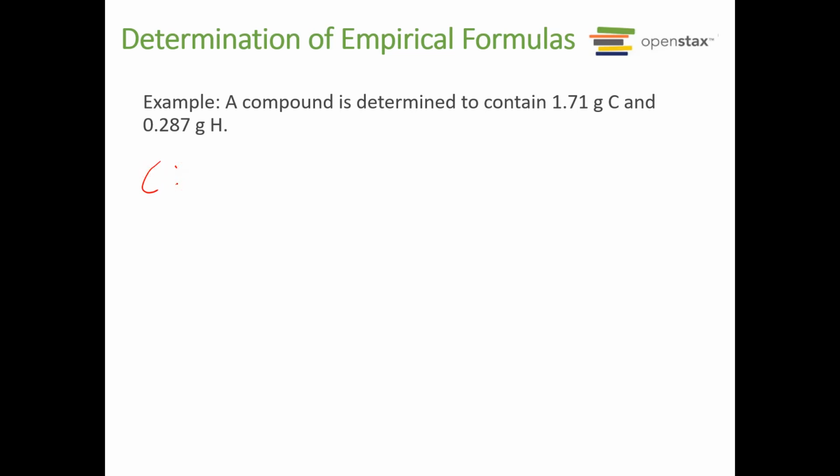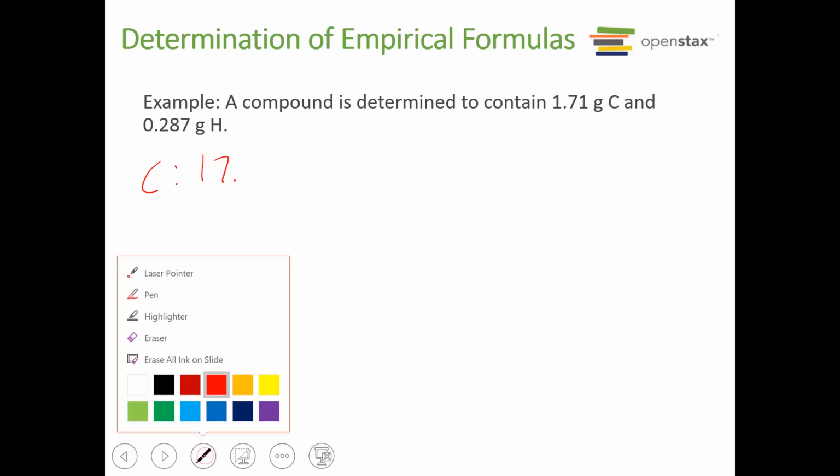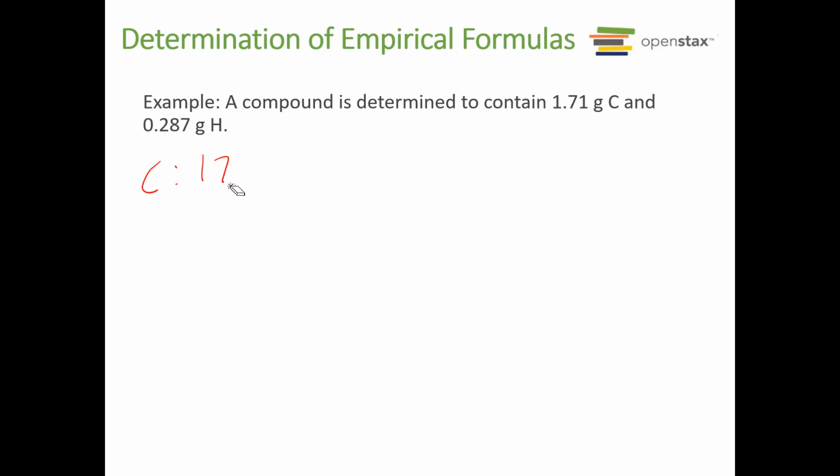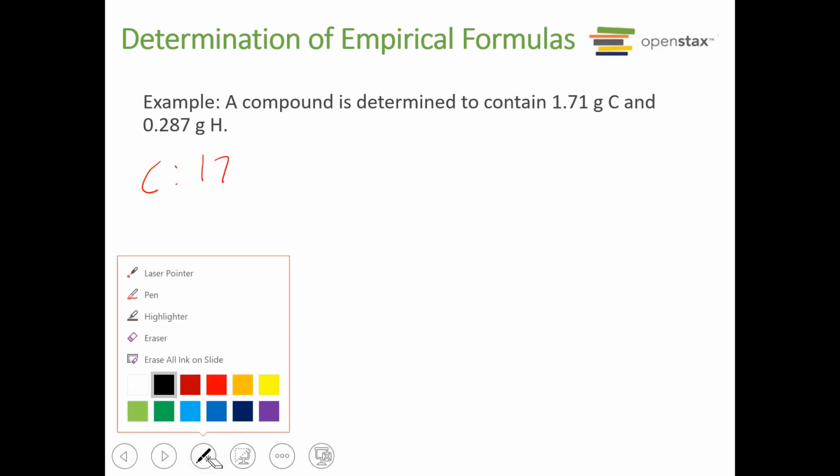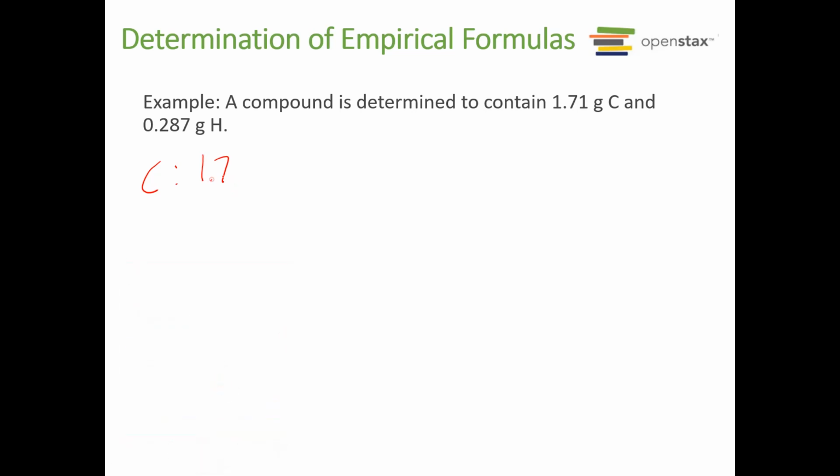So for carbon, we have 1.71, not 17.1. 1.71 grams of carbon, and the molar mass of carbon is 12.01 grams per mole.